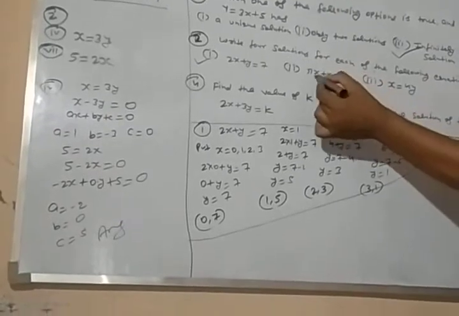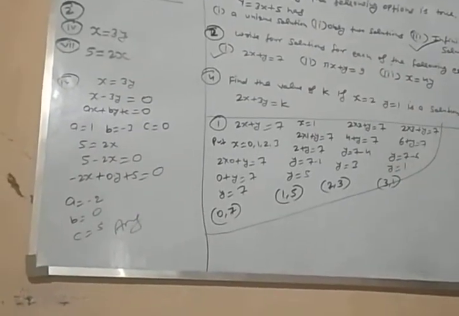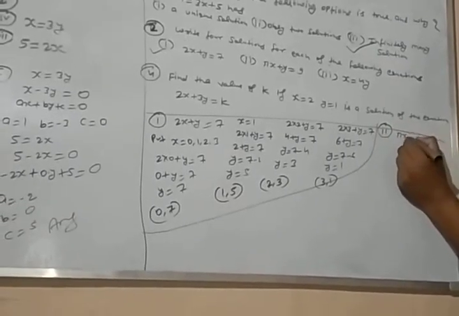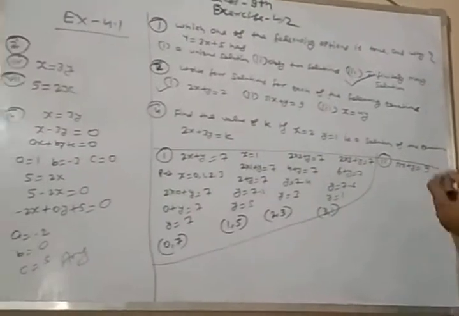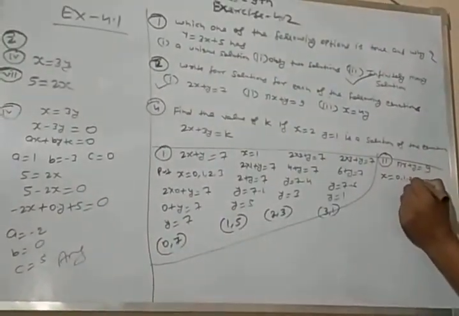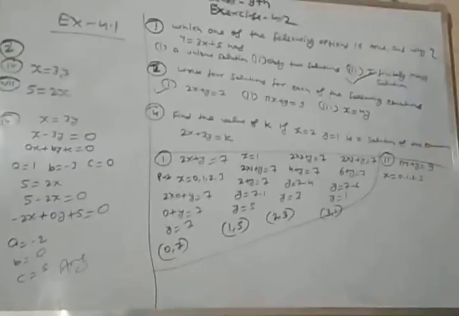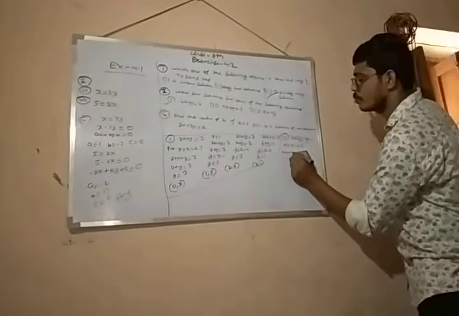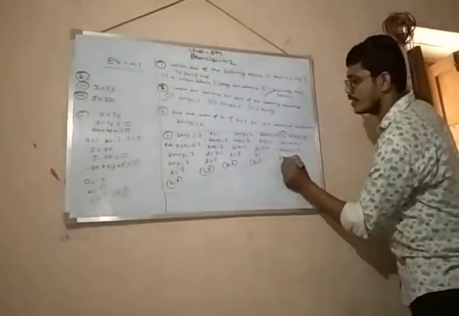Similarly, you can solve this pi x plus y is equal to 9. Now part second, pi x plus y is equal to 9. Also you can put x is equal to 0, 1, 2, 3 because there are many different solutions. So put here pi into 0 plus y is equal to 9. y is equal to 9.